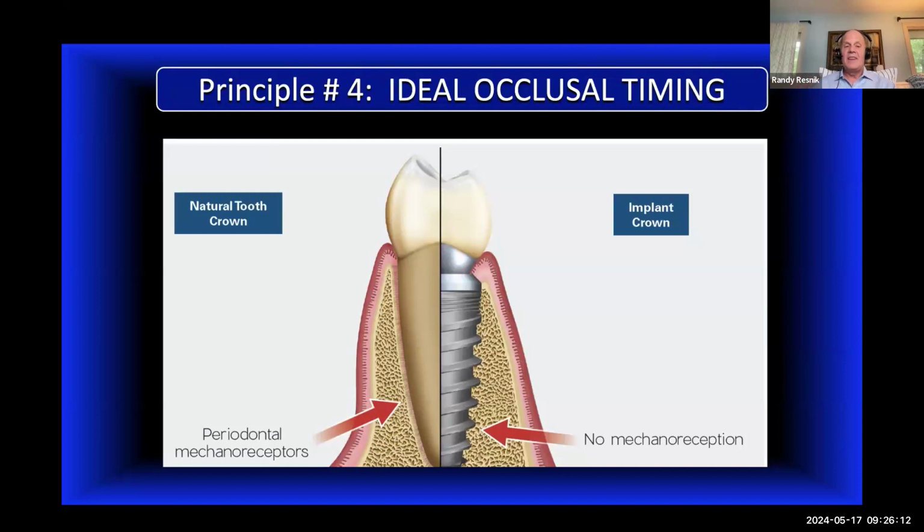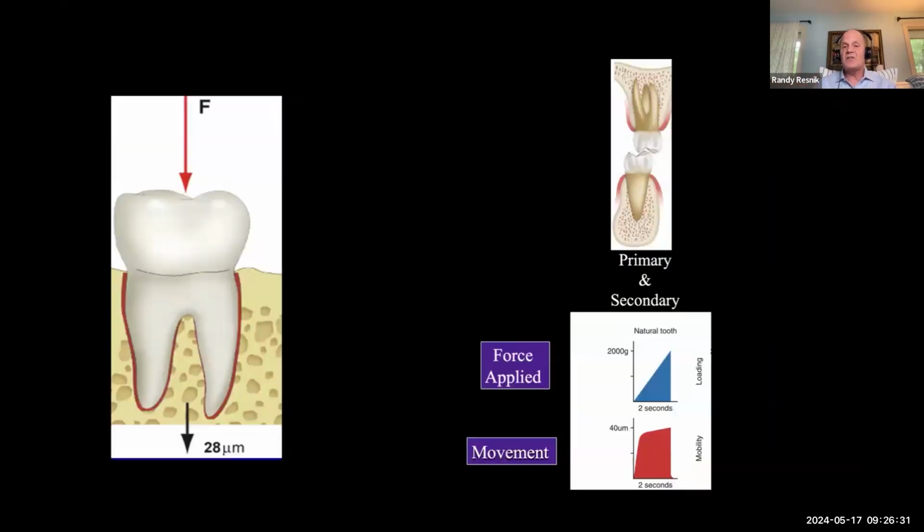With an implant, there is no mechanical reception, so there is no perception that's going to alert the patient. A lot of times the patient will be in hyperocclusion and not even know it. There's no nerve to get hyperemic to give us a toothache, so the patient can't even tell us. So that's why it's so important.